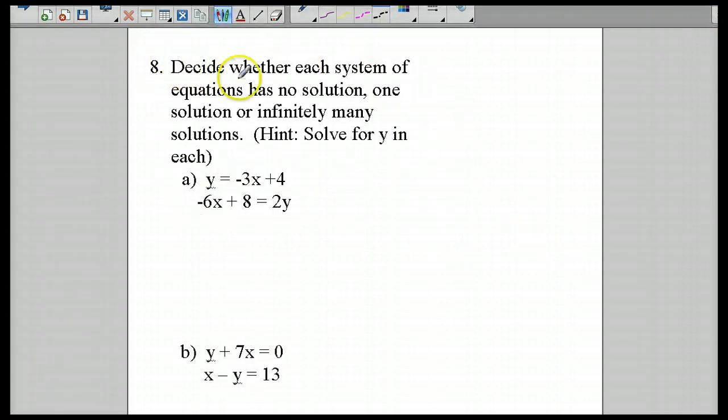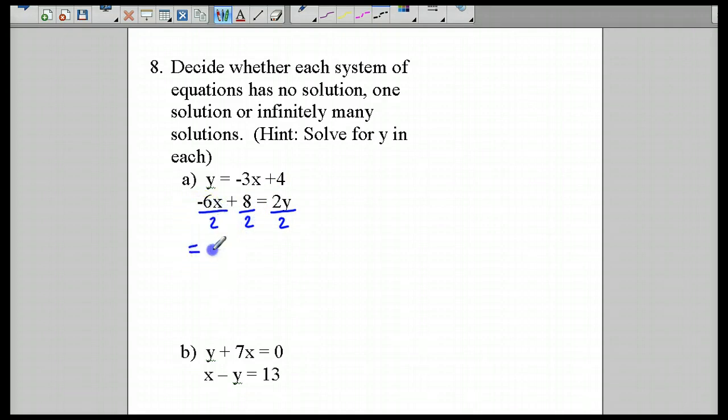Okay, number 8. Decide whether each system of equations has no solution, one solution, or infinitely many solutions. Hint, solve for y in each. So in this case, y is already solved for in your first one. So let's solve for y in the second one right here. And all that means is get y alone. So in order to get y alone, we want to divide it by 2. So we divide this by 2, and we divide this by 2.